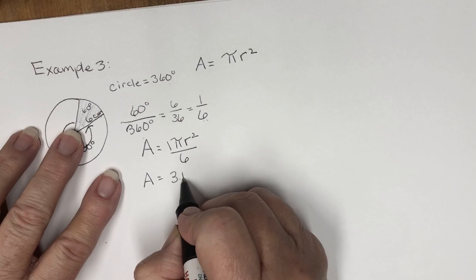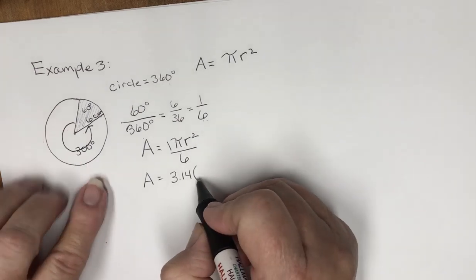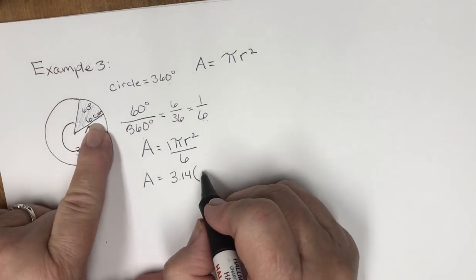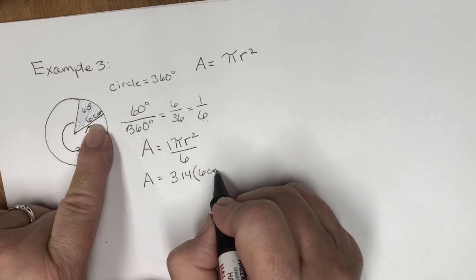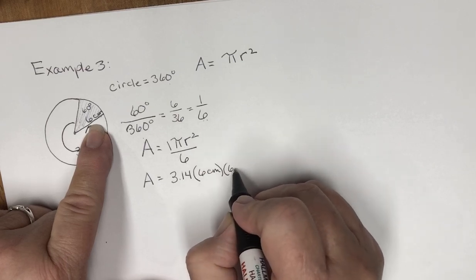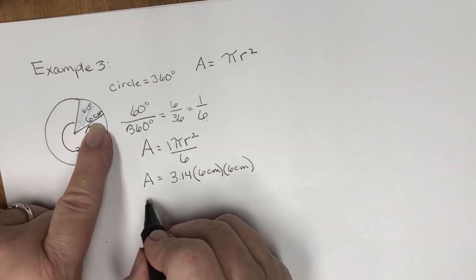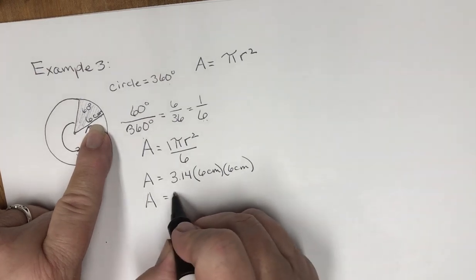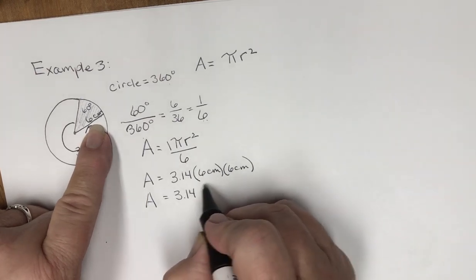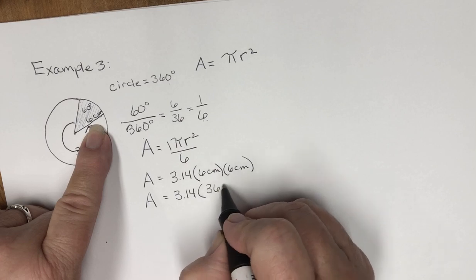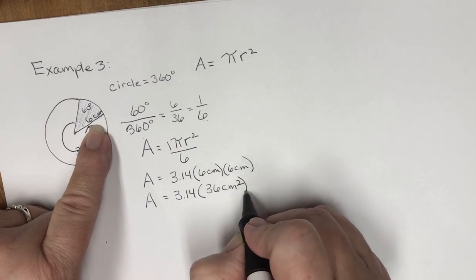Pi is 3.14. Our radius is 6 centimeters times 6 centimeters. So now we have the area is going to equal 3.14 times 36 centimeters squared.